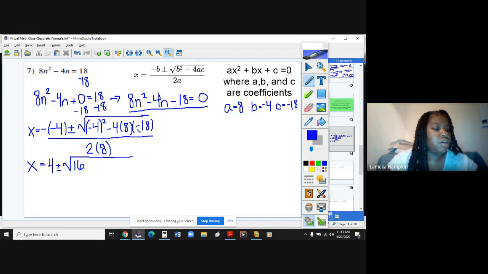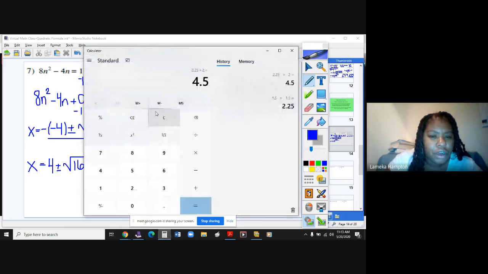Okay, so I'm going to put on my calculator here. I'm not sure if y'all can see my calculator if I pull it up there, but if not, it's okay. So we have negative 32, and that's going to be multiplied by negative 18.